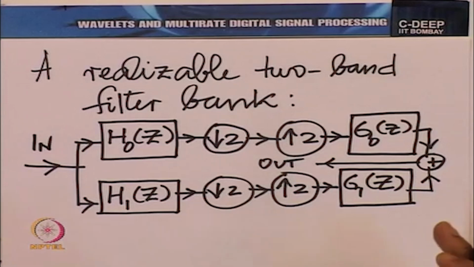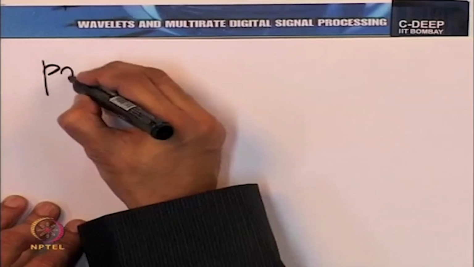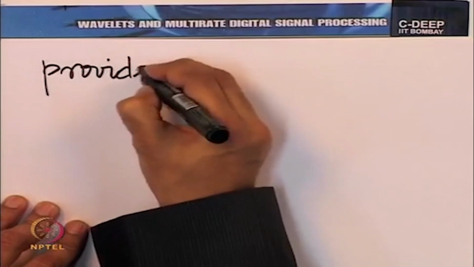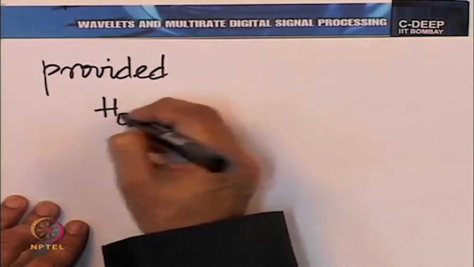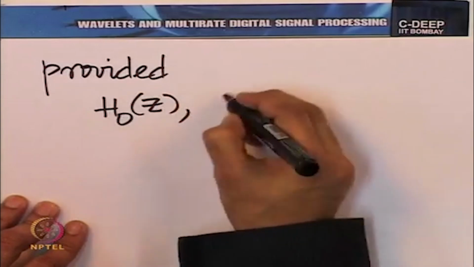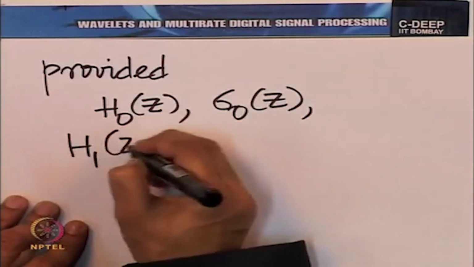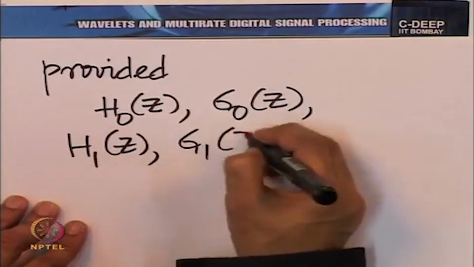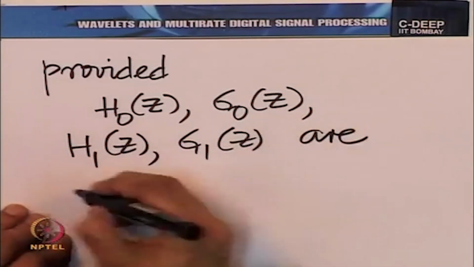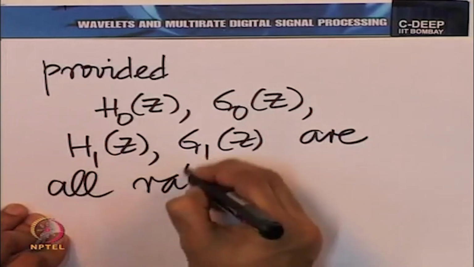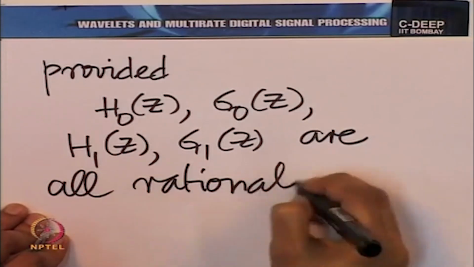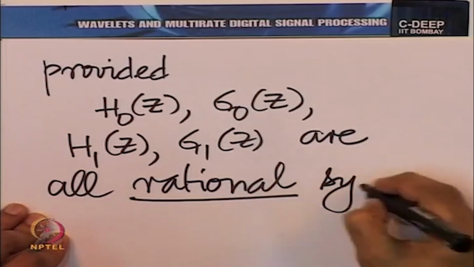This is a realizable 2-band filter bank provided H 0 z, G 0 z, H 1 z, G 1 z are all rational functions, rational system functions.